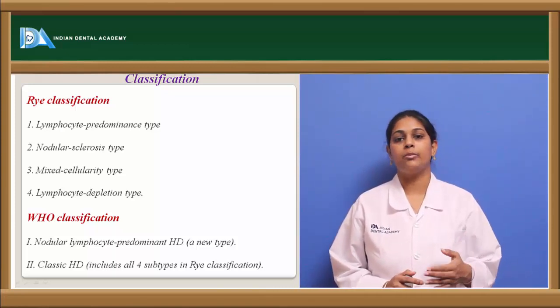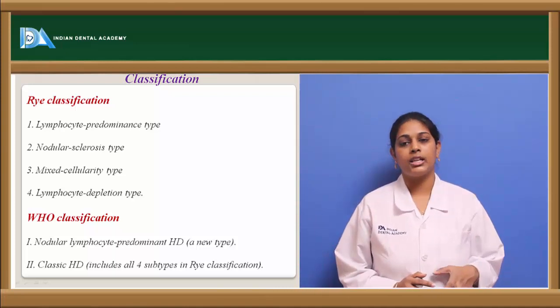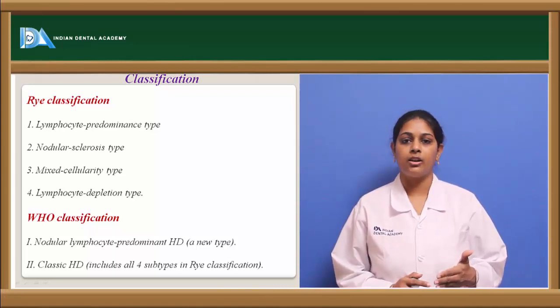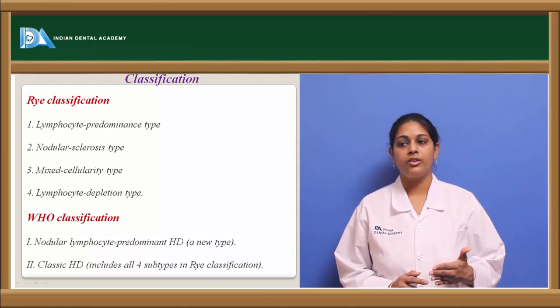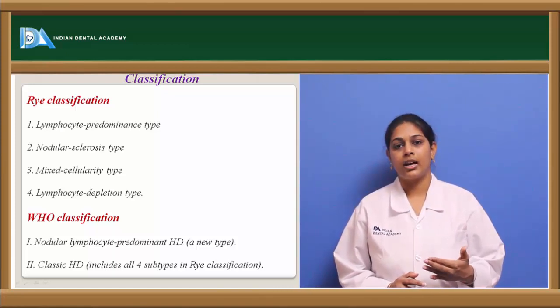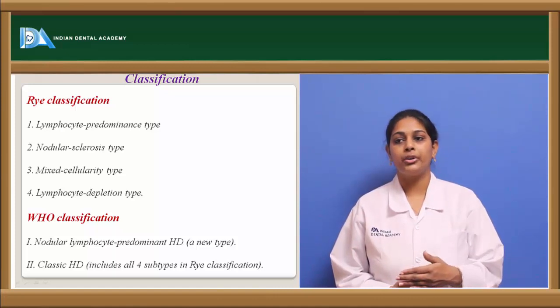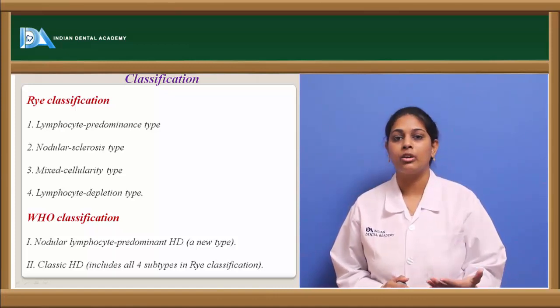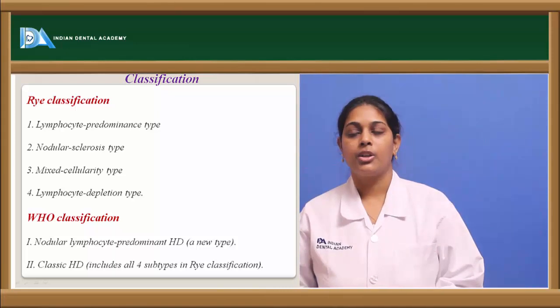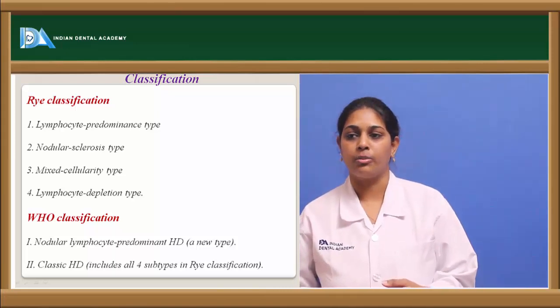In the WHO classification, they are broadly classified into two groups: nodular lymphocyte predominant Hodgkin's lymphoma and classic Hodgkin's lymphoma. Classic Hodgkin's lymphoma is subdivided into the other four types included in the Rye classification. So this is the classification of Hodgkin's lymphoma.